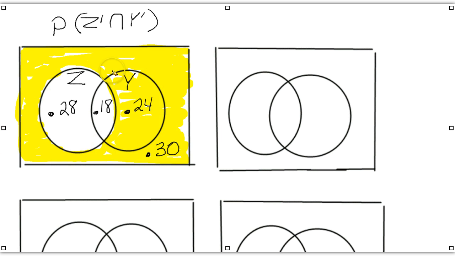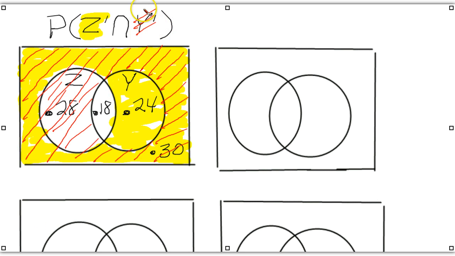And I think we would all agree that this is the complement of Z in yellow. Now we're going to shade the complement of Y in red. So we can see that this is Y, and then the complement of Y is streaked in red.